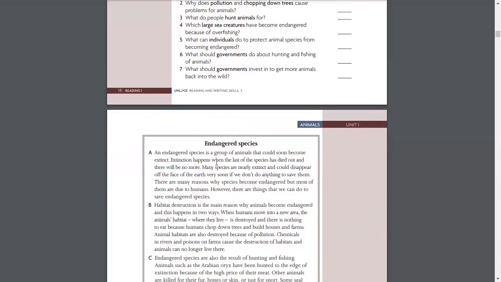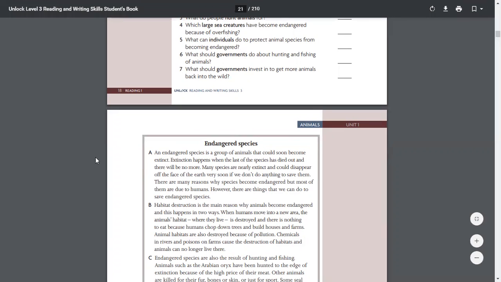We look through the paragraphs and look at the words. For example, in the first one we have extinct, we have the word disappear, we have the word endangered, and this is exactly where we need to find the answer to this question. So we start reading only here. We are not reading the whole paragraph. We are reading only that part where we have found the words which are necessary for us.